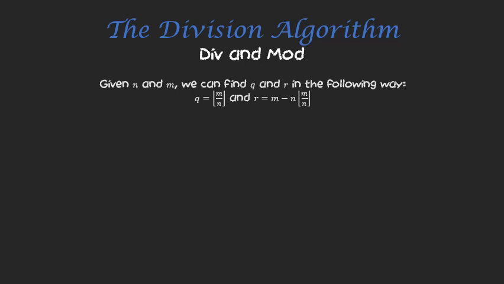What the floor does for positive numbers is just cut off the decimal. And so we're left with just the whole part, which is exactly what the quotient is. And then how do I get a hold of the thing that I chopped off? Well, I'll take the whole group and subtract off the floor of m over n groups of n off of that and see how many are left over. And that'll be the remainder.